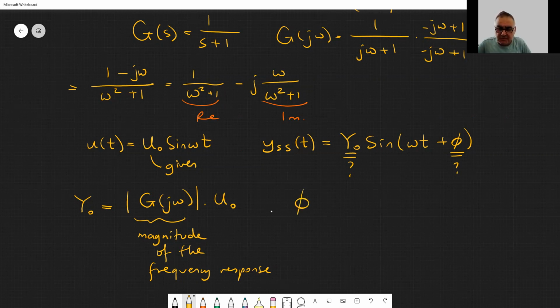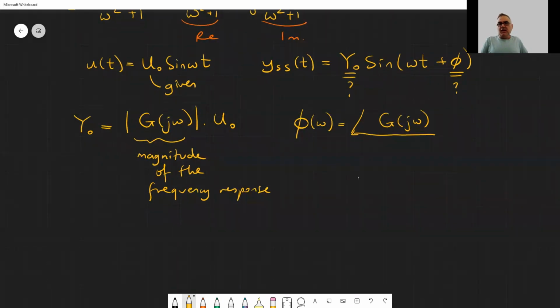Moreover, the phase angle phi, which will again be a function of omega, will be, let me use this notation, remember that in the electricity course you had something like phasors, angle. So it is the angle of the frequency response.